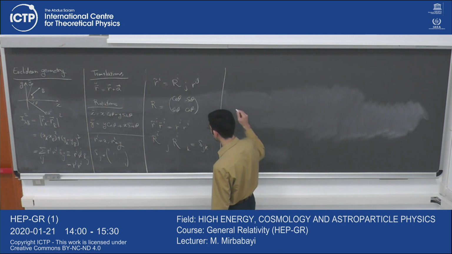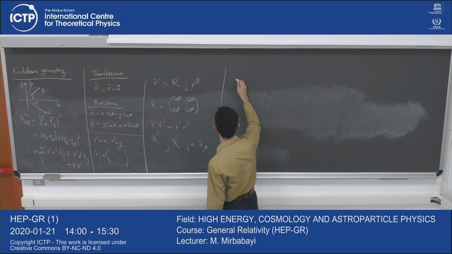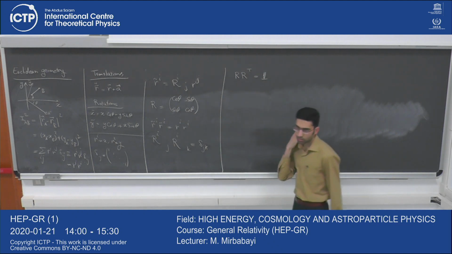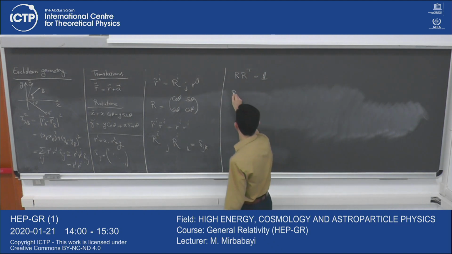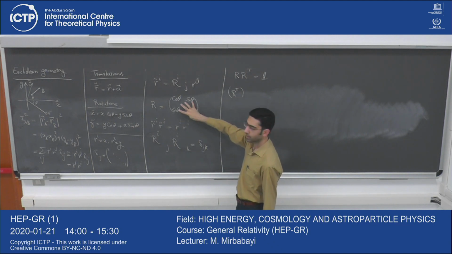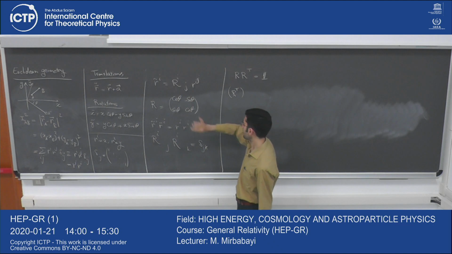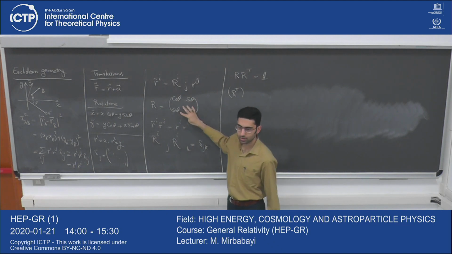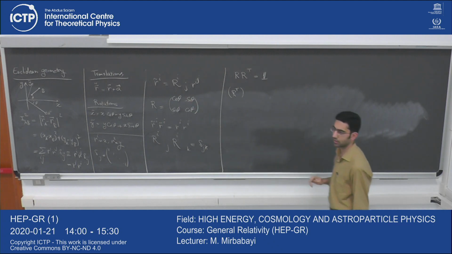If I want to write it in matrix notation, this relation can be written as R times R transpose is equal to the unit matrix, where R transpose is just defined by reflection with respect to the diagonal of this matrix.